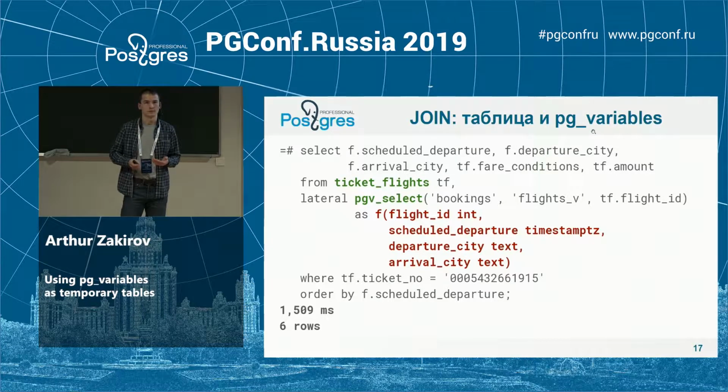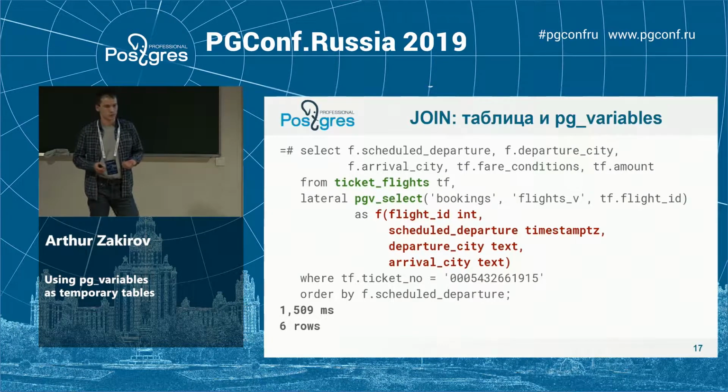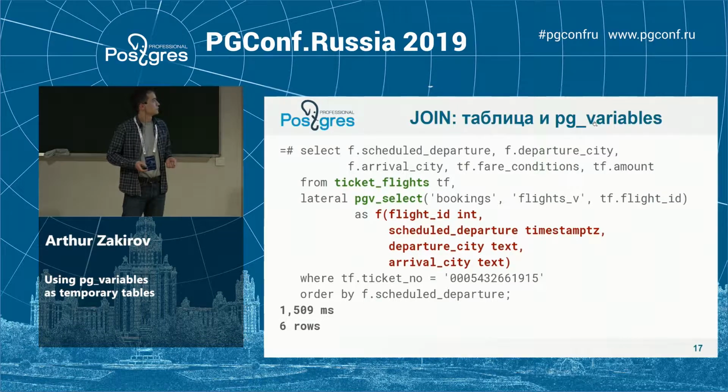There is a drawback here. Every time we need to define attributes that are stored in a variable, because Postgres doesn't know what the function will give back, and we need to write down the rows that were installed earlier.